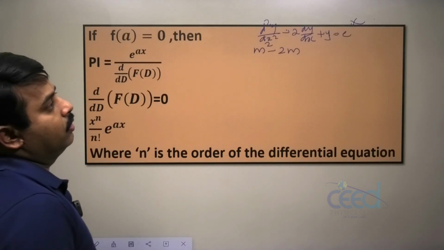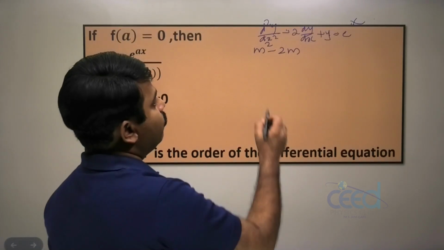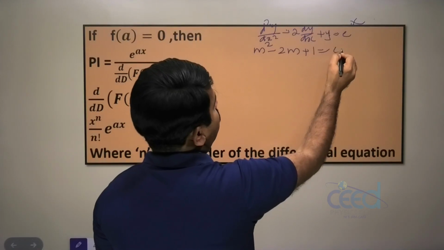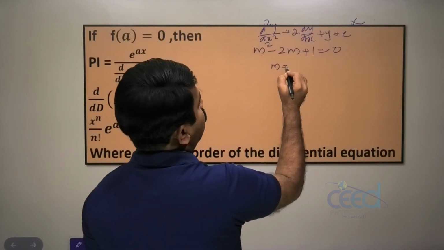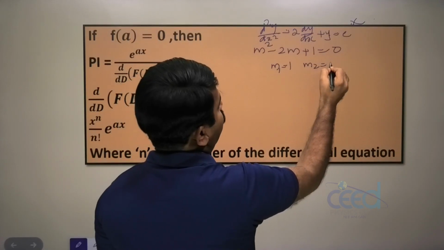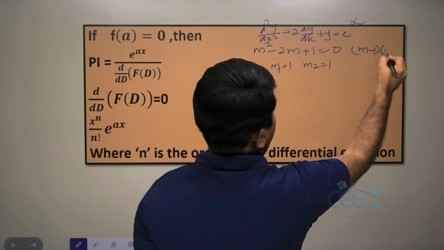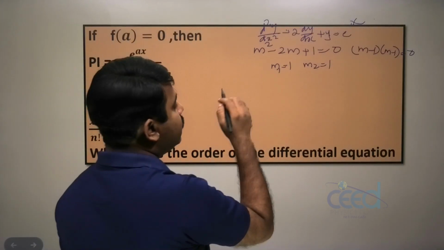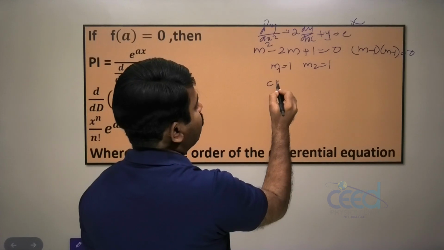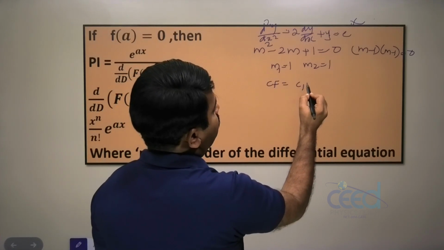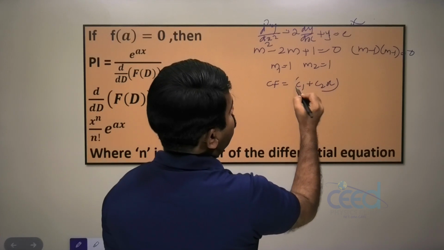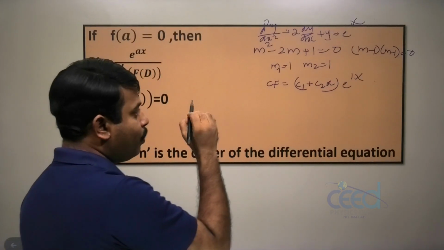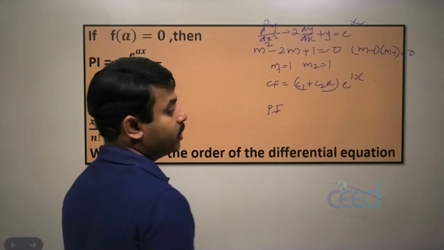First we solve m square minus 2m plus 1 equal to 0, so m1 is equal to 1, m2 is equal to 1, because this is m minus 1 into m minus 1 equal to 0. Both roots are the same. Then you can write the complementary function as c1 plus c2x, into e raised to 1x. Alright, no problem. Now, while solving the particular integral you face difficulty.